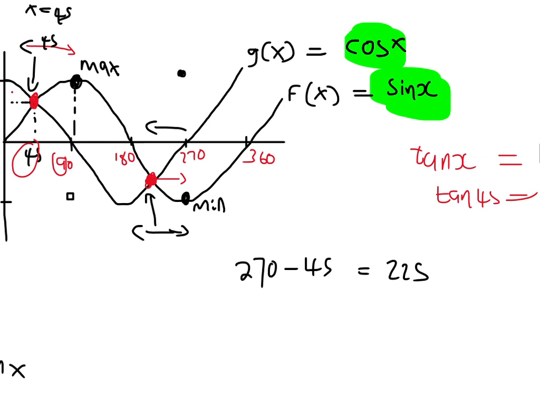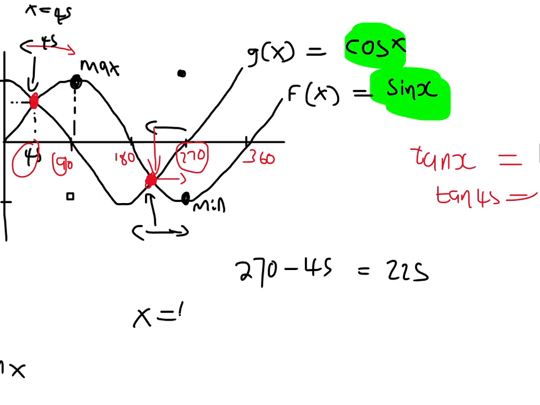So since the minimum is at x equals 270, to know the value of x at the second intersection, I simply subtract 45 from 270, and I get 225. So the graphs meet at these 2 points, as you can see.